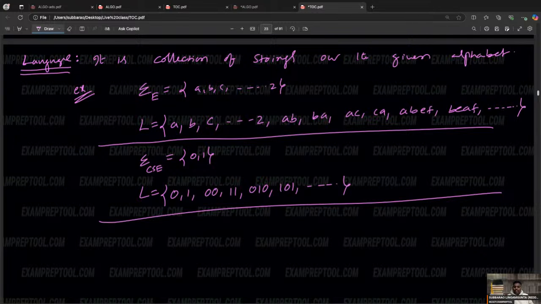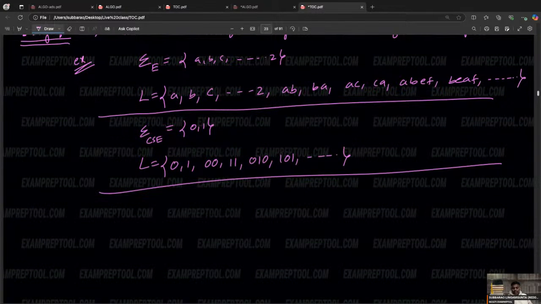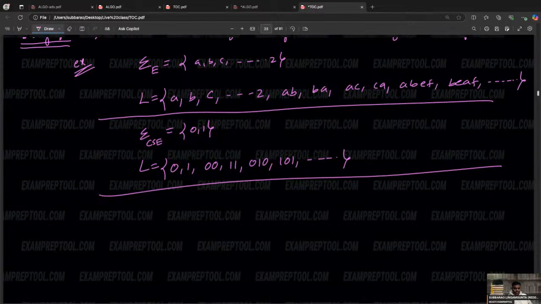Sigma E is equal to A, B, C, and so on up to Z. L is equal to A, B, C, and so on up to Z, ABBA, ACCA, ABEF, BEAF, and so on. Sigma CSE is equal to 0, comma 1. Language L is equal to 0, comma 1, 00, 11, 01, 01, 01, and so on.